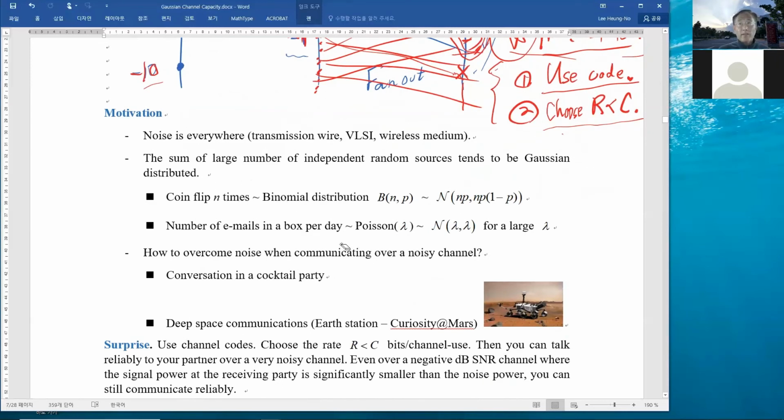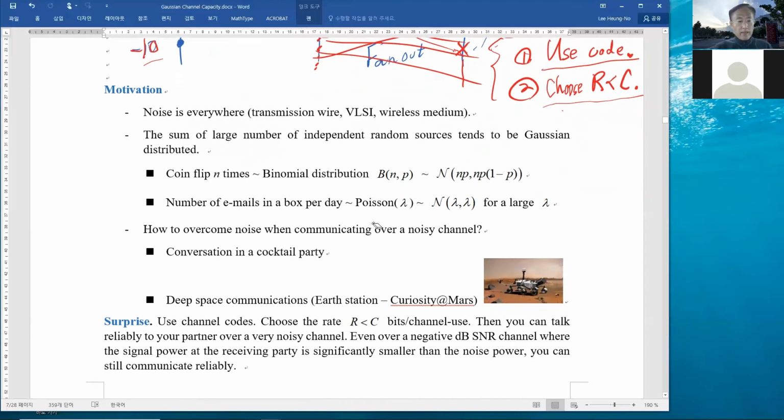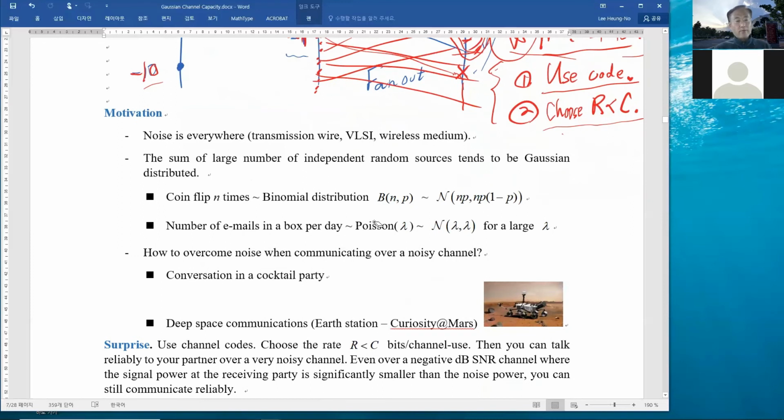When we have a channel described as a Gaussian channel, you have many applications. One example could be a conversation in a cocktail party. Everyone is talking loudly, and what do you do in such a case? If you want to have your message conveyed to the other party that you are talking to, what do you need to do?